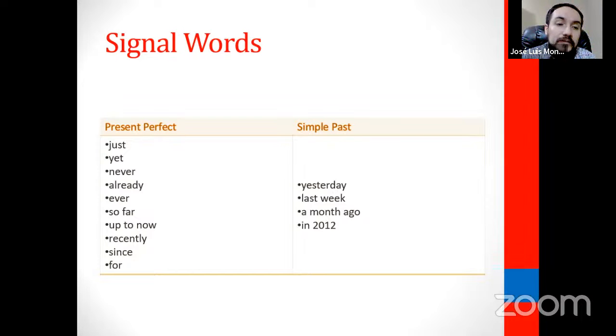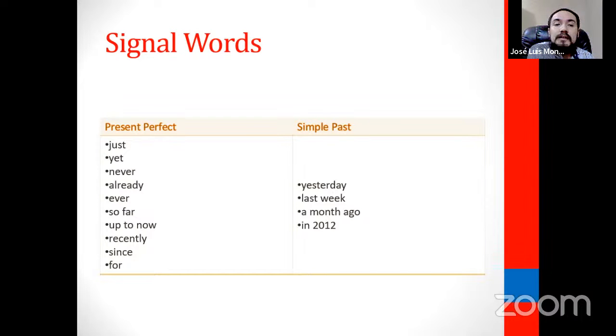So far, up to this point, or up to now: those are the same. What have you done so far? Or something like, I've read 3 books so far. Up to now means up to this point, that is the present, what has happened.